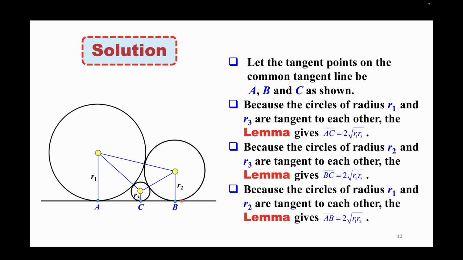Now, if we consider the circles of radius R2 and R3, the distance between C and B is twice the square root of the product of R2 and R3. And finally, the circles of R1 and R2 are tangent to each other. Therefore, the distance between A and B is equal to twice the square root of the product of R1 and R2.